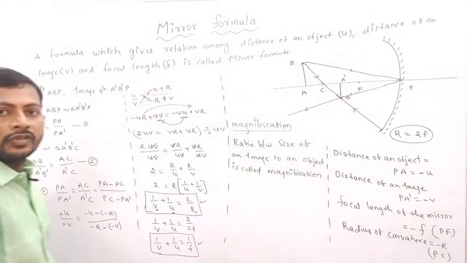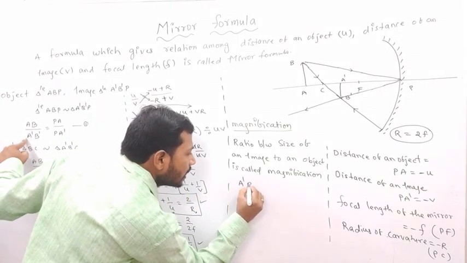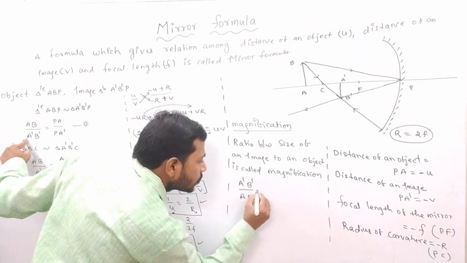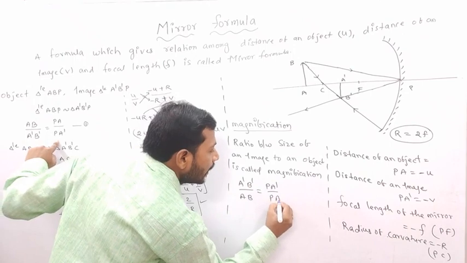Is there any relation? Observe once from the first and second equation. Yes sir, the first equation is giving that thing only. AB by A dash B dash equals PA by PA dash. Very good. I am taking the first equation, but it is object by image. I want to compare image with object, that's why I am going to take the reverse of this equation. I am taking like this, children: A dash B dash by AB equals PA dash by PA.